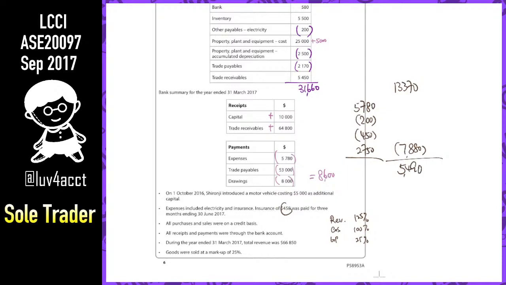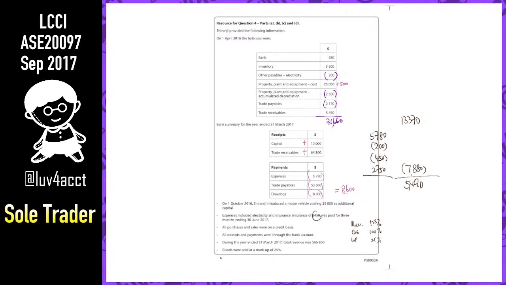Okay, if you do not know how to work this out, you still can find this amount from the total assets minus all the liabilities. Okay, then you have that amount. Anyway, 5490, and then we have additional capital 15,000, and then we have drawings 8,000.